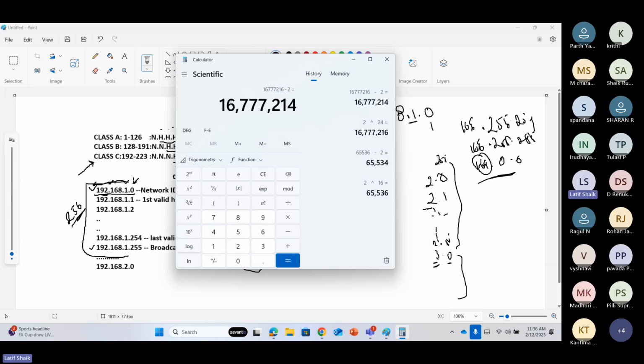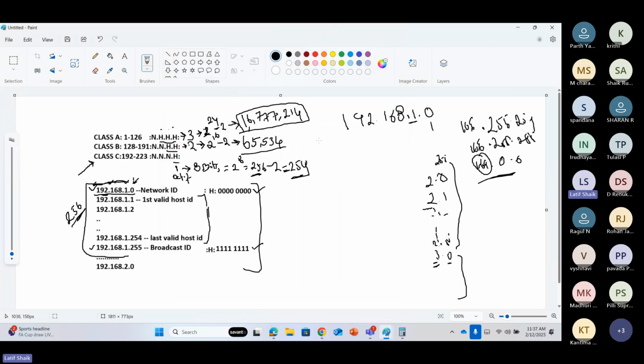This is 16,777,214. It means 1 crore 67 lakhs 77,214 devices we can connect in one single logical network.